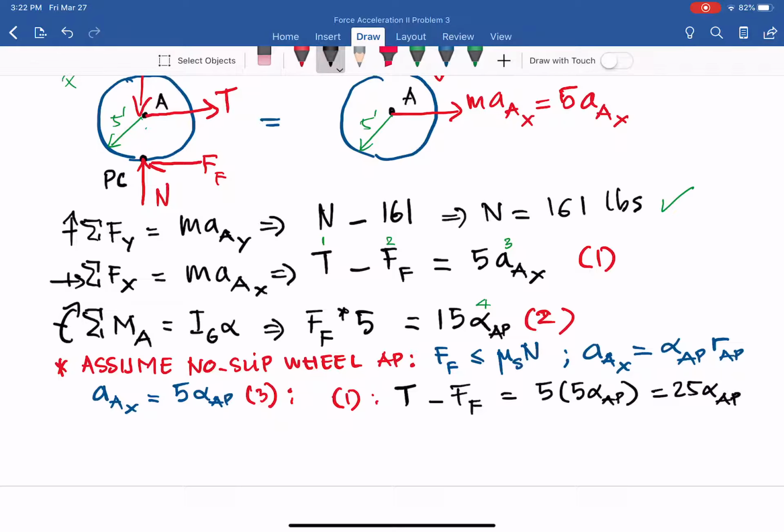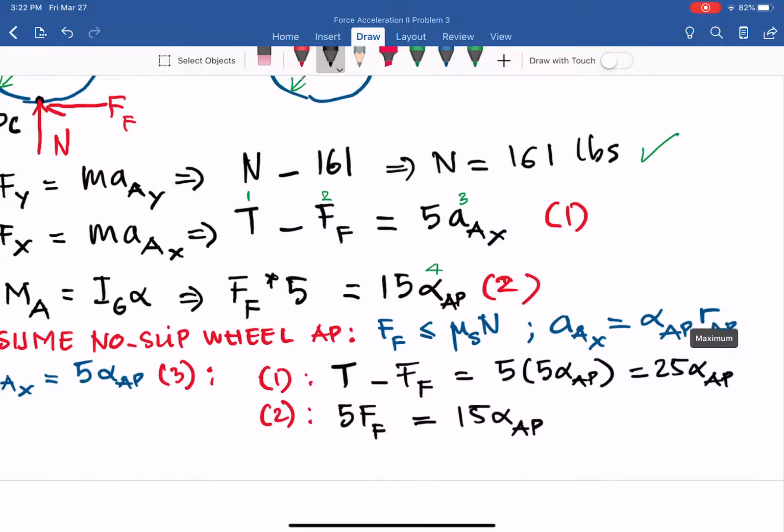And then equation number 2, we will have 5 F_F equal to 15 alpha_AP.